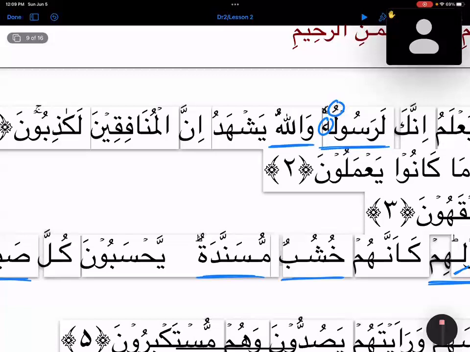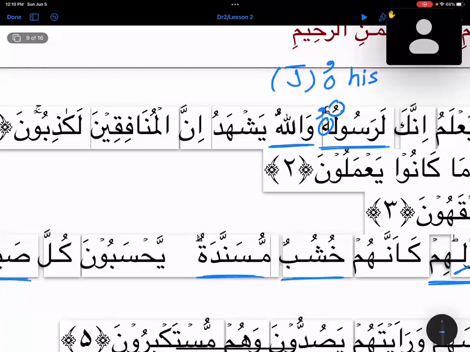It is Rasul. Even though the hu is not showing us, we know this is belonging. So this hu is a pronoun and it means his. So this is jar in status. Because of hu, this is going to be jar instead of Rafa.